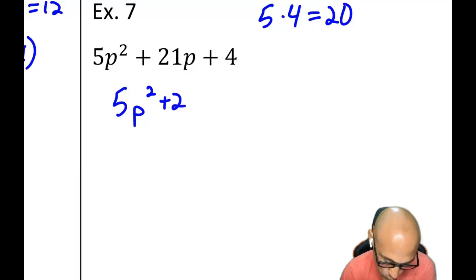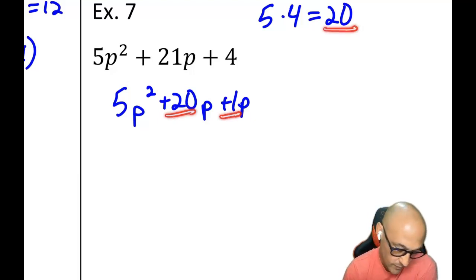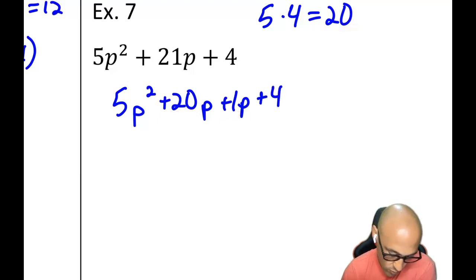So plus 20p plus 1p. So notice that 20 plus 1 is 21. And 20 times 1 is 20. And now we have the plus 4.